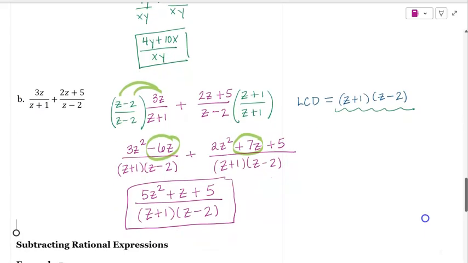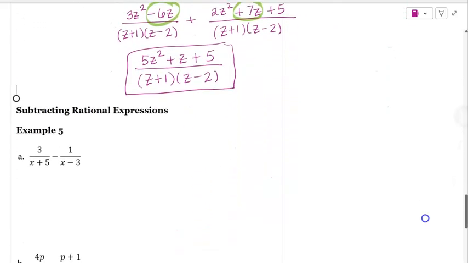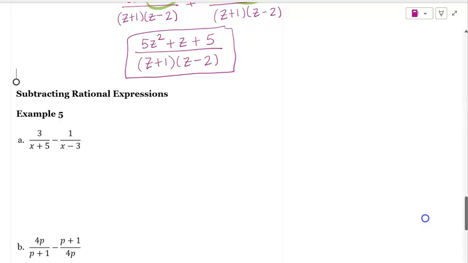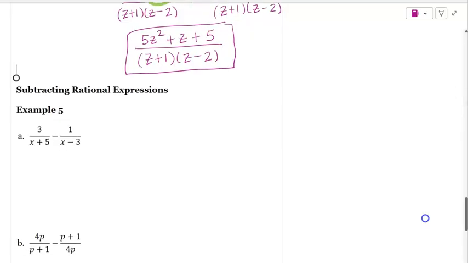Subtracting rational expressions is the same process. We still need to make the denominators the same. We're going to subtract the fractions rather than add them. So looking at example 5a, the least common denominator, it looks like, is x plus 5 times x minus 3.